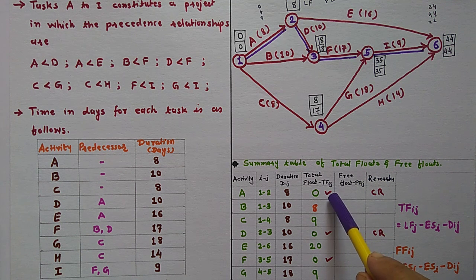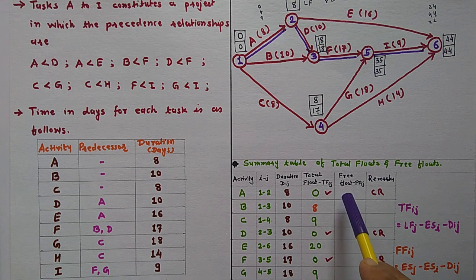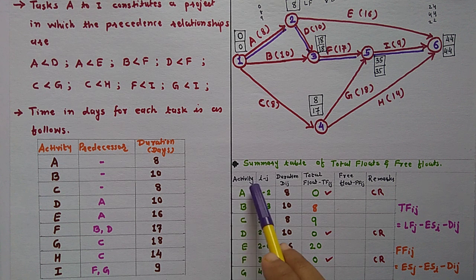If the total float is 0, that activity is on your critical path. If total float and free float are both 0, that activity is on your critical path.